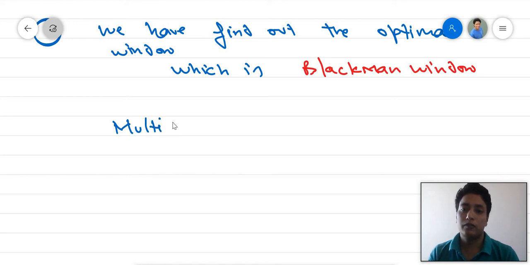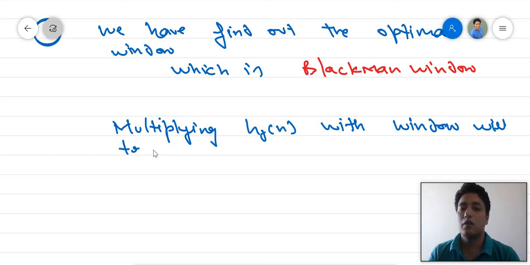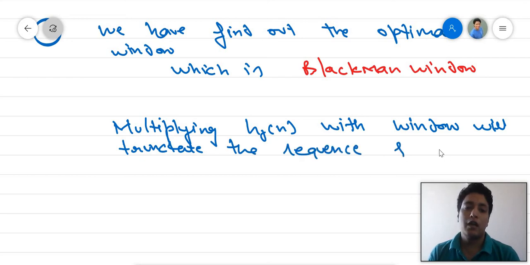Now multiplying h d of n with the window will truncate the sequence and give the FIR filter response.